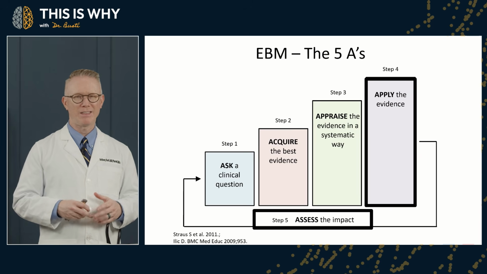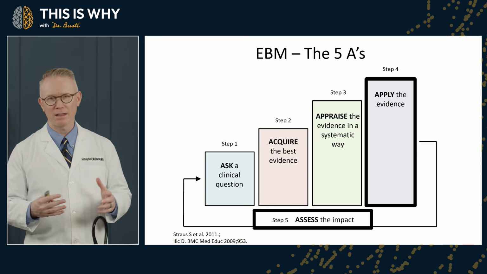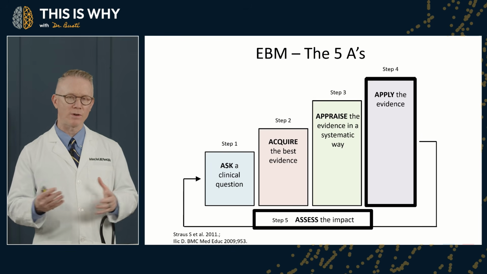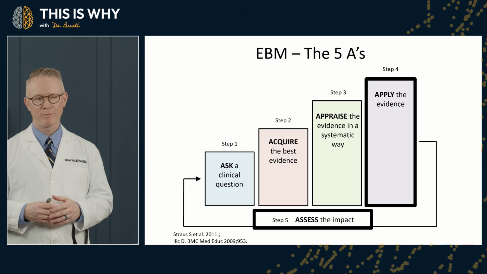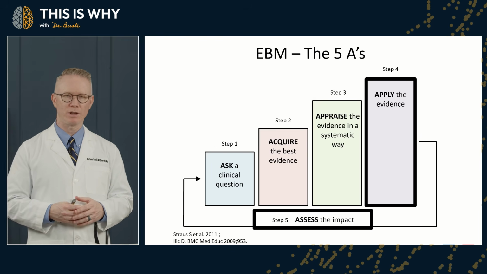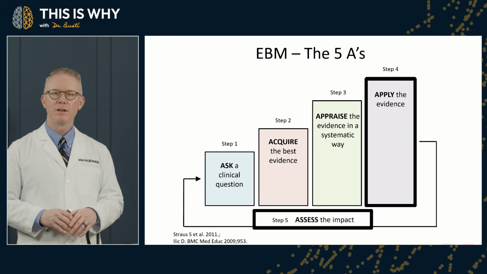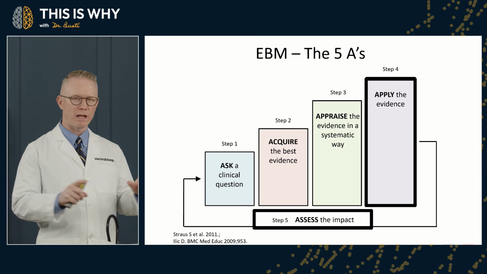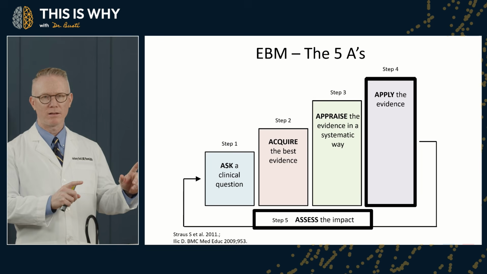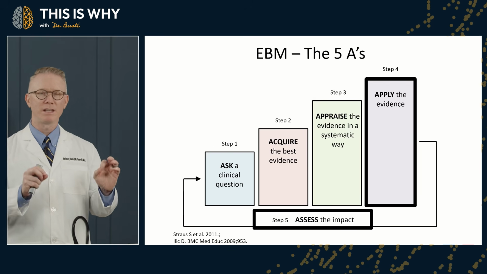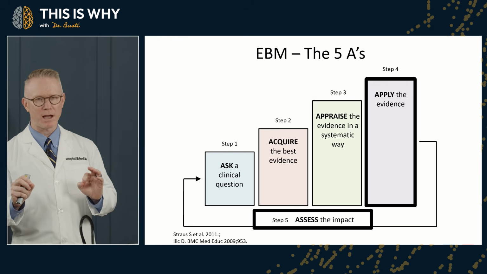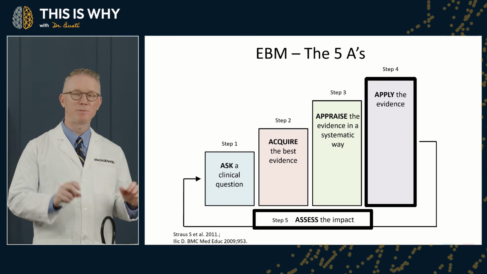So here we are in the last 2, and I combine them because there is some overlap and merging, if you will, between the 2. And a lot of times people forget the bottom one because it's buried at the bottom, but it's kind of that loop back to the beginning, okay? And some people even consider calling that 5th step not just assess, but adapt.